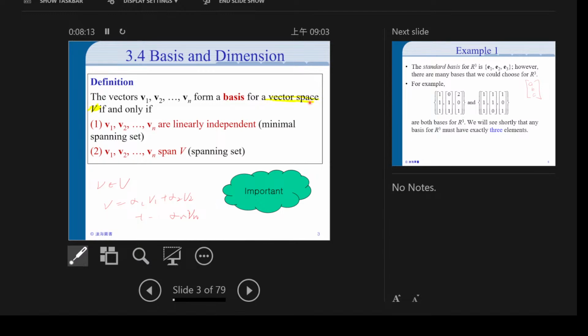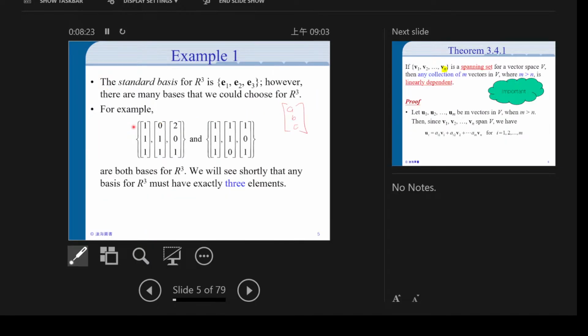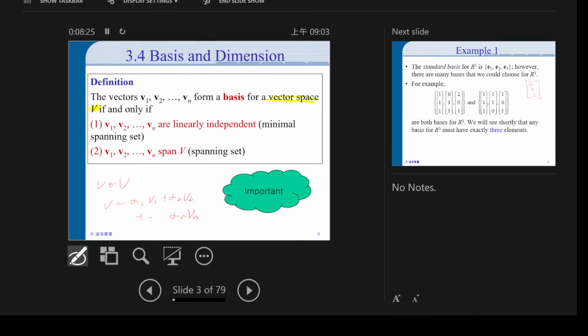And as we'll see, there will be many bases for a particular vector space. Maybe I should draw a picture here. There are bases 1, 2, 3, different bases for your vector space.